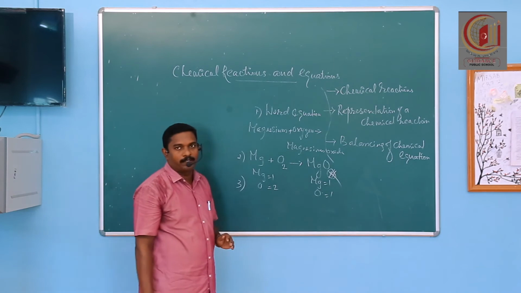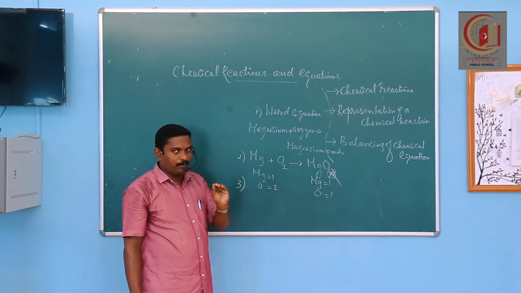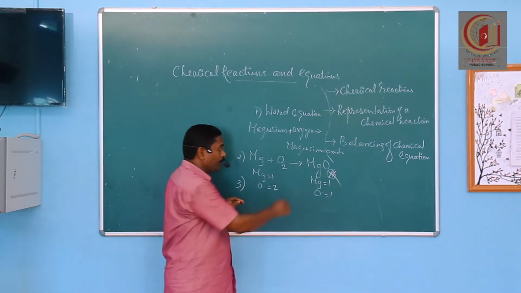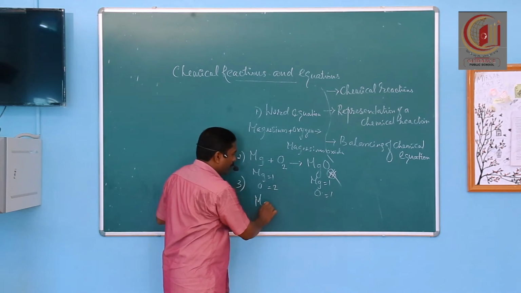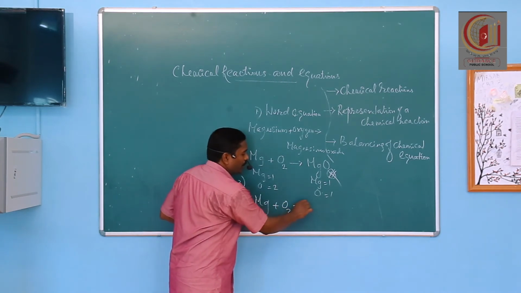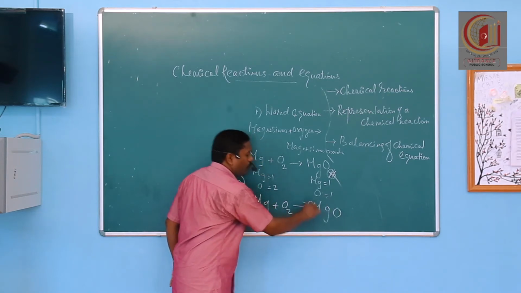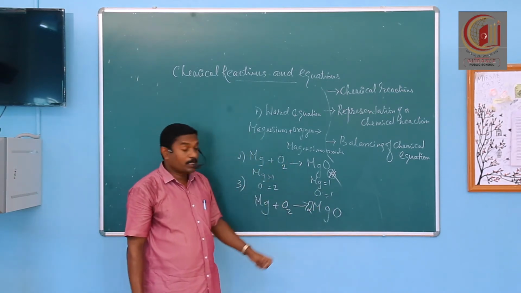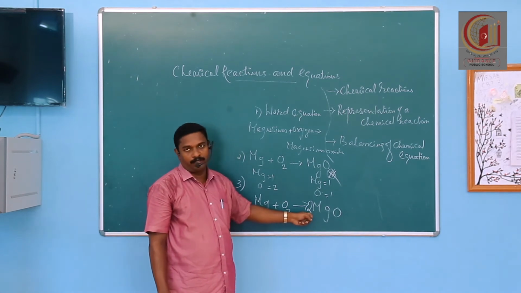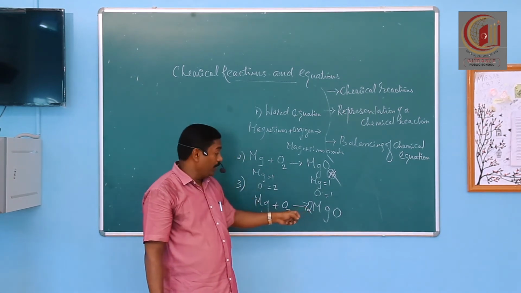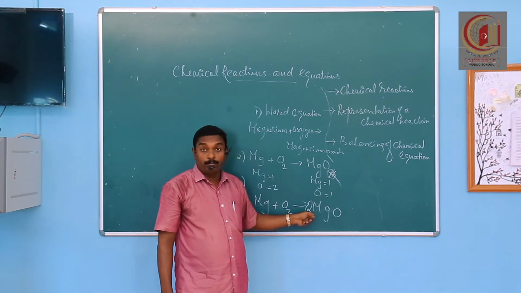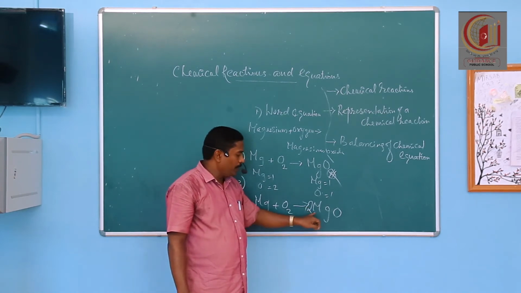So how can we balance? We can balance this by putting 2 in front of magnesium oxide. That is the stoichiometric coefficient. I think it is maybe a new word for you. Stoichiometric coefficient. So 2 MgO.